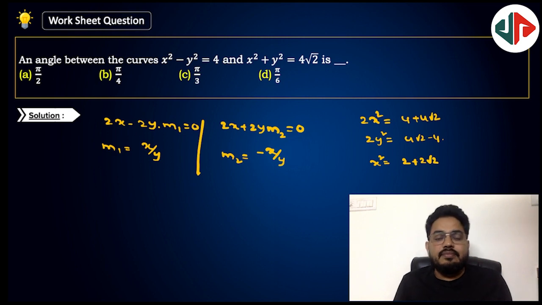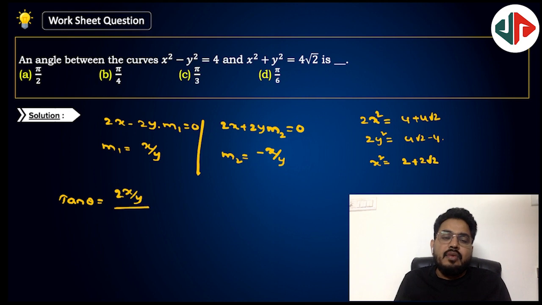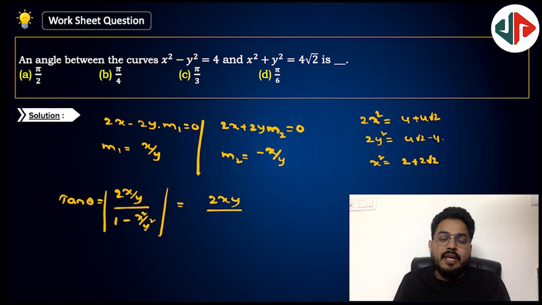So what is the angle between them? tan theta is equal to m1 minus m2 by 1 plus m1 m2, which is 2xy by x square minus y square, which is 4 anyway.